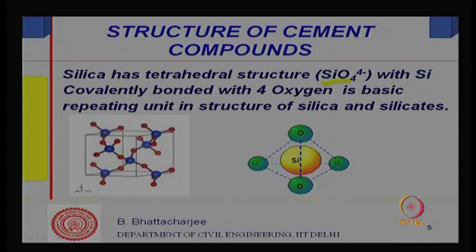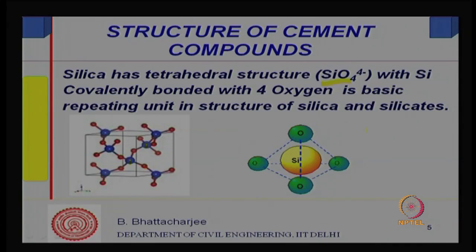So, you can see that they repeat themselves, and each oxygen is combined with 2 silicon. There is one silicon here, another silicon here. Each oxygen combines with 2 silicon, and this process repeats itself, and therefore, half of an oxygen is connected to one silicon and half is connected to another silicon.